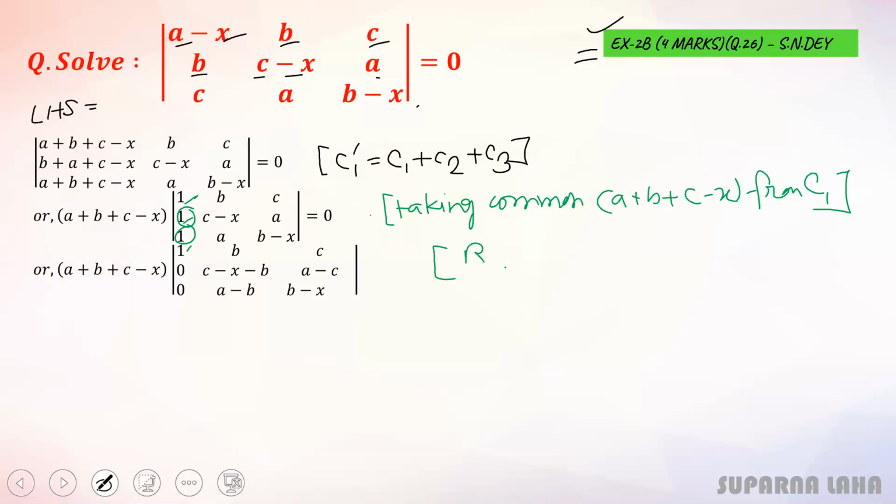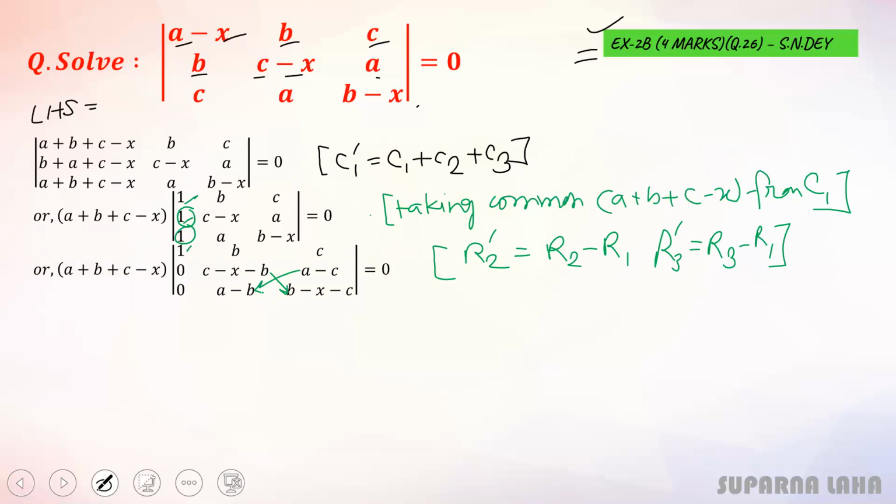So R2 dash is equal to R2 minus R1 and R3 dash is equal to R3 minus R1. Clear? Now you can easily find the value. Just multiply with this one, and minus this into this.